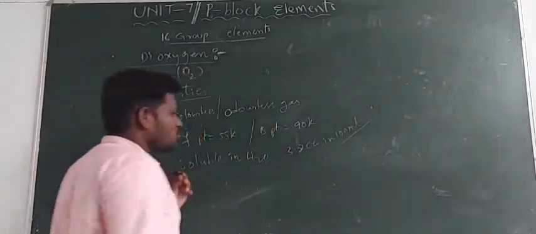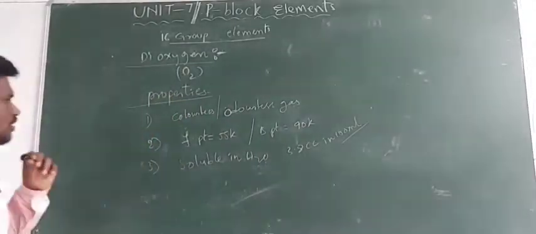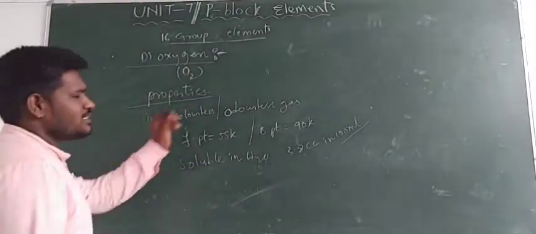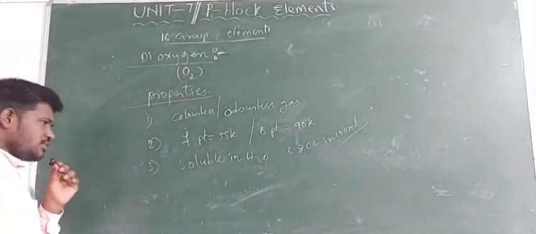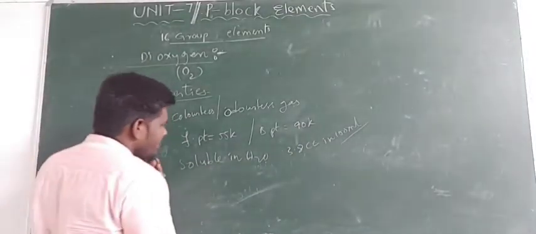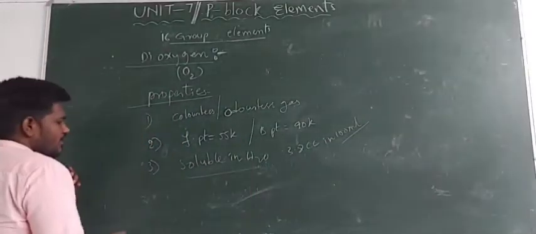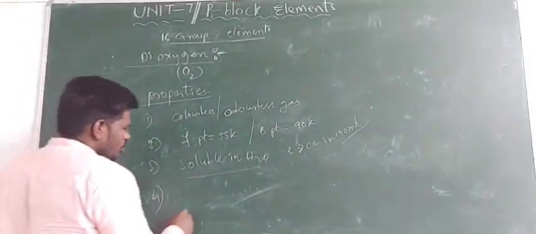In 100 ml of water, 3.8 cubic centimeters of oxygen is dissolved. So the living things present in water can live by inhaling the oxygen which is dissolved in the water.